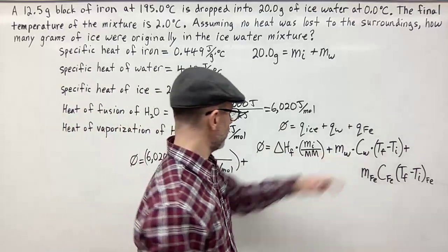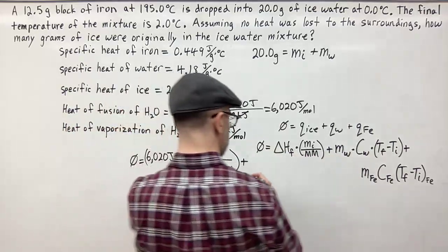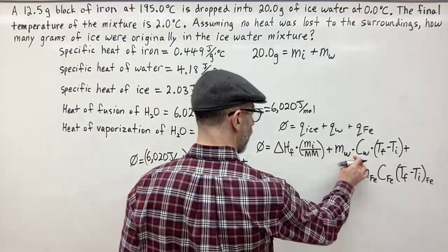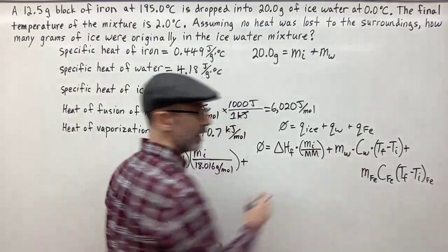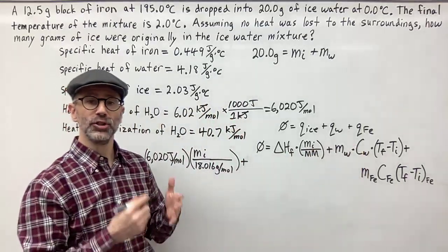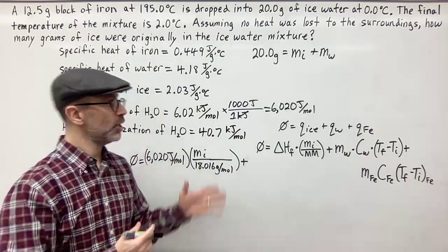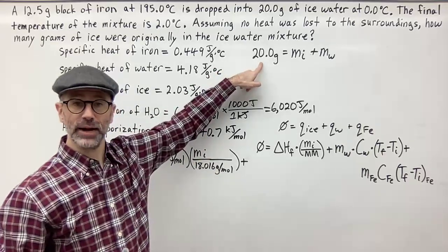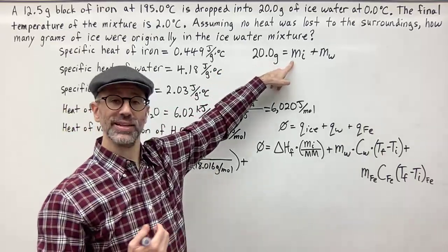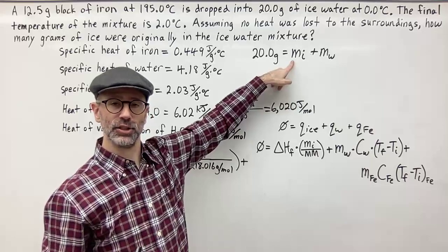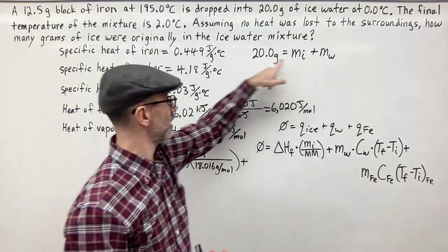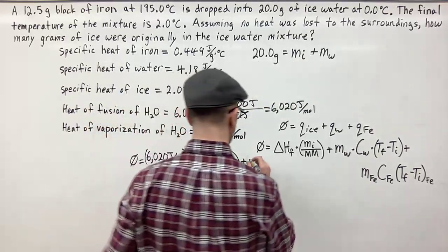The second part here is going to be the mass of the water. Now that's the mass of the water after the ice is melted, so it's going to be 20 grams because the mass of the ice after melting is still the same, so both of these are still going to equal 20 even after the ice is melted.